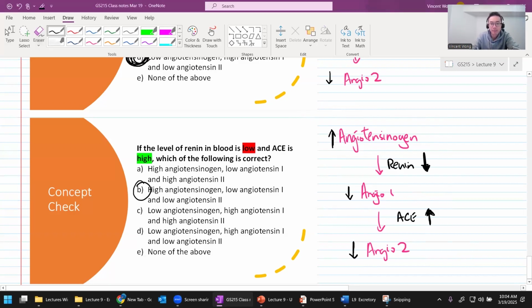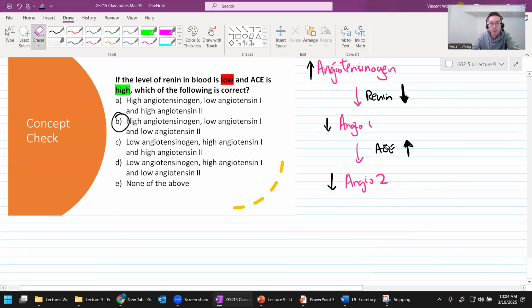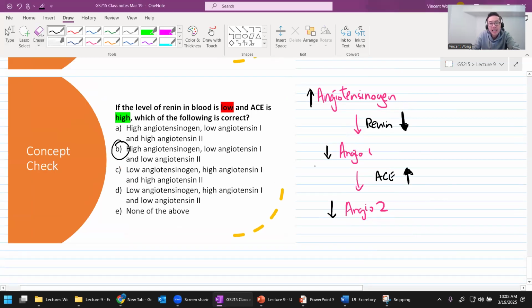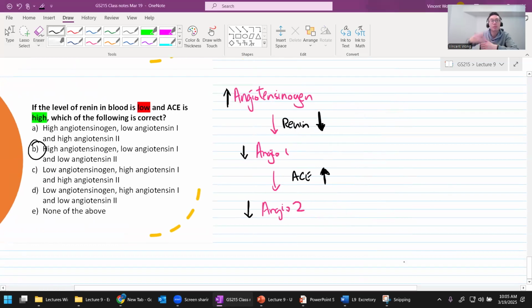Okay? But what about number 2? Well, we have enough ACE, we have a lot of ACE, in fact, but we are not getting enough raw material for the reaction to happen. So that's why number 2 is also going to be low. Because one step depends on the other step, right? You got it? Okay.